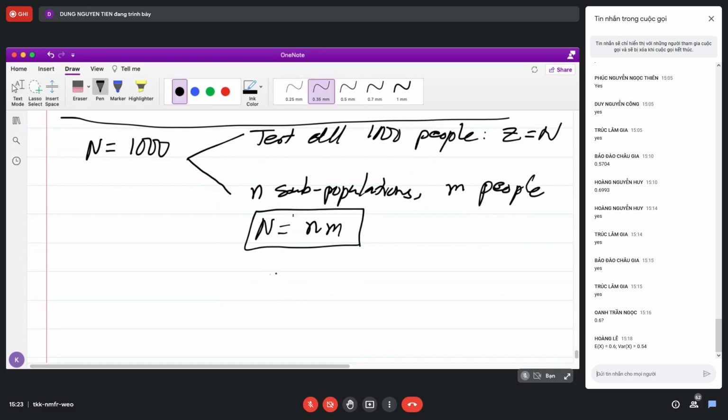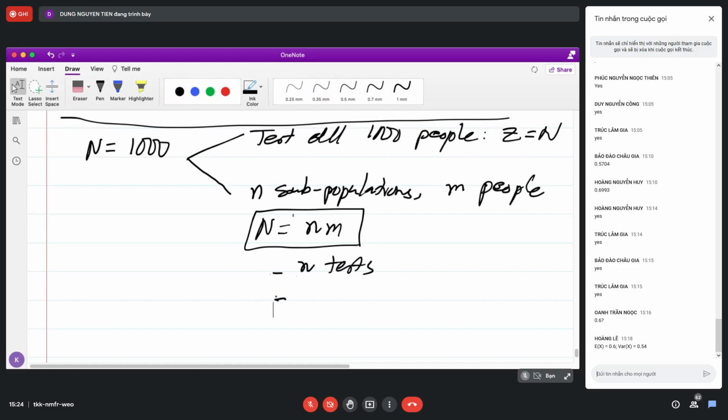So how many tests do we need at that time? There are only n subpopulations, so we only need little n tests. This little n is much smaller than the capital N. That is the first step.